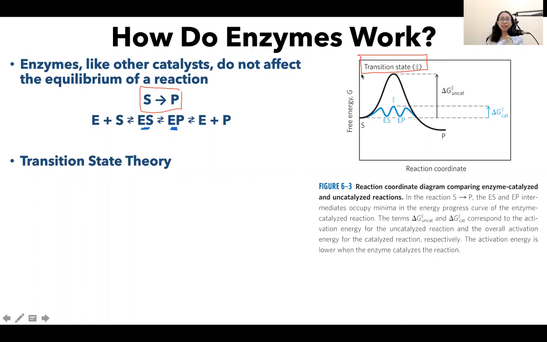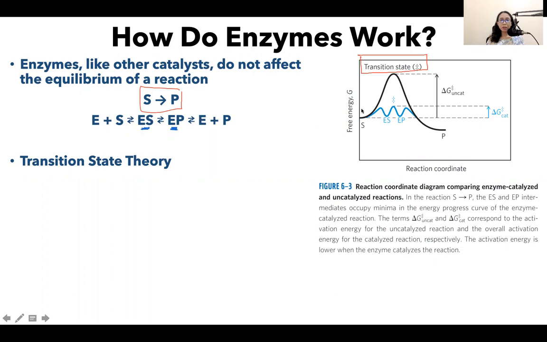So this is the state of our system at the peak of our reaction coordinate diagram. Now, this transition state is not a real chemical species, so you cannot isolate a transition state of a chemical reaction. So it's just something that you imagine as how your system would look like.